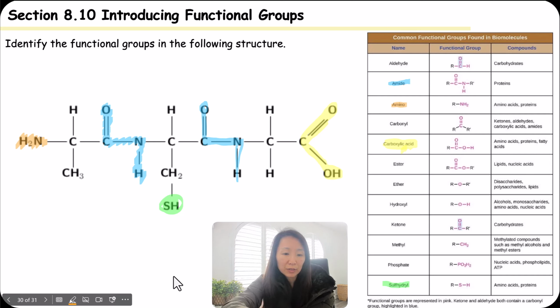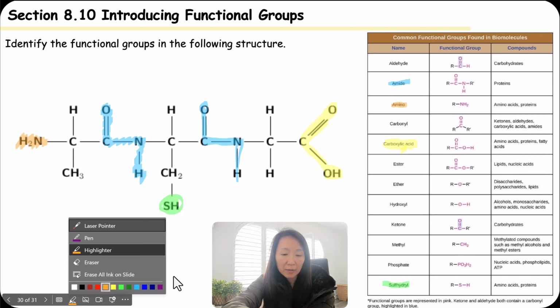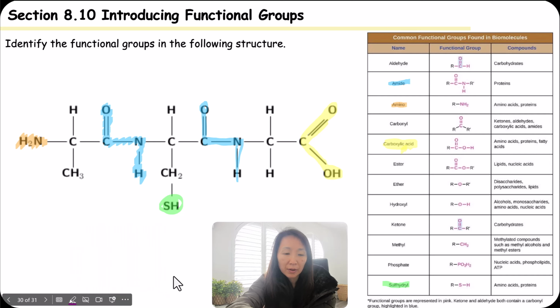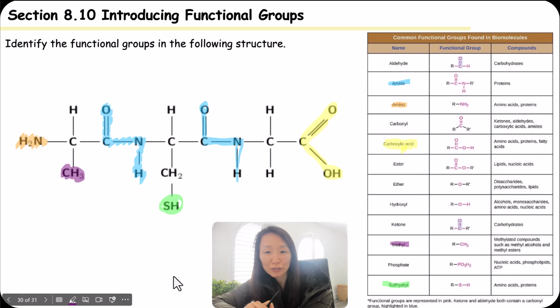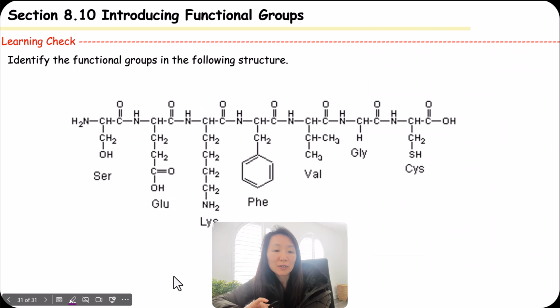And then I also see a methyl group, right? Do you see a methyl? Right here. That's my methyl right here. So these are all functional groups. Now you could label them by highlighting, or you could just draw a circle around them. That's up to you.